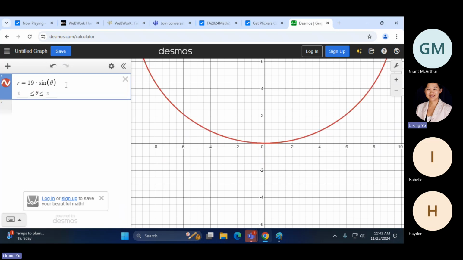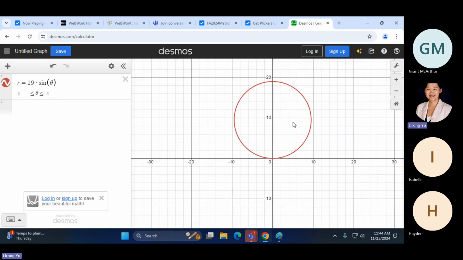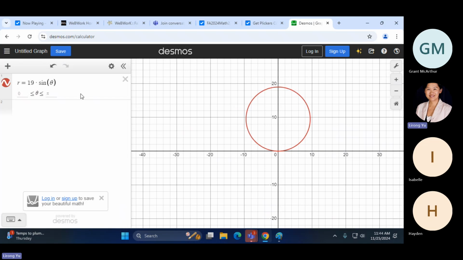This equals a circle, r equal to 19 sine theta. We studied this before. If it's equal to a single sine or single cosine with degree of 1, it's a circle. If it's a sine, it's a positive circle. Negative sine, it's a negative circle. If it's cosine, it's a right circle. If it's negative cosine, it's a left circle.